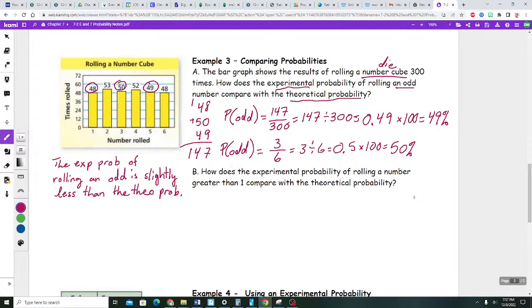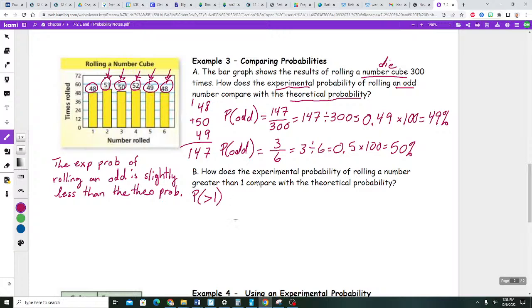So how does the experimental probability of rolling a number greater than 1 compare to the theoretical probability? What we need to do now is add the 53, the 50, the 52, the 49, and the 48.